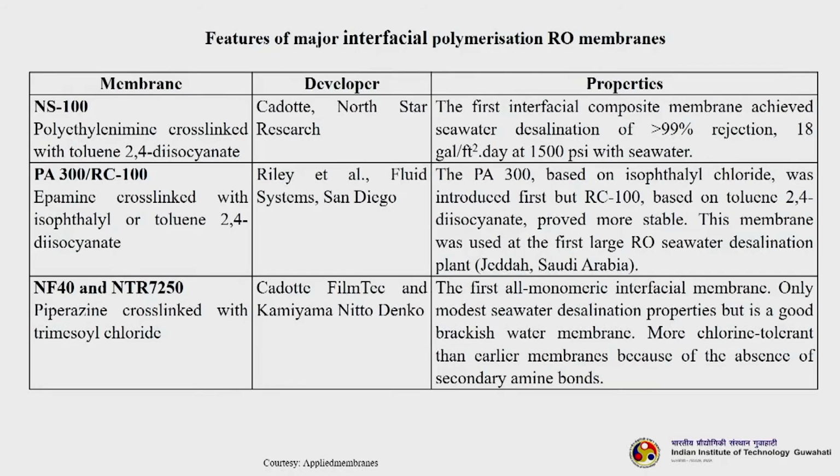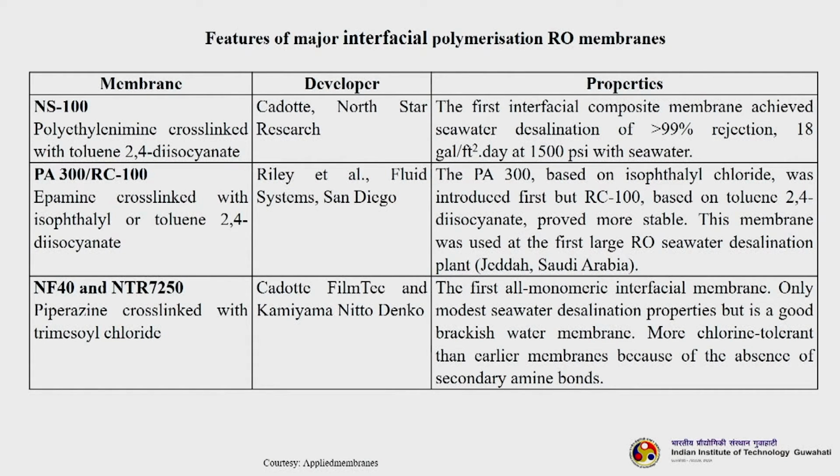Now, the next is PA 300 and RC 100. Those are polyepiamine cross linked with isophthaloyl chloride or toluene 2,4 diisocyanate. Riley et al. developed this membrane at Fluid Systems, San Diego. The PA 300 membrane based on isophthaloyl chloride was introduced first, but RC 100 based on toluene 2,4 diisocyanate proved more stable.